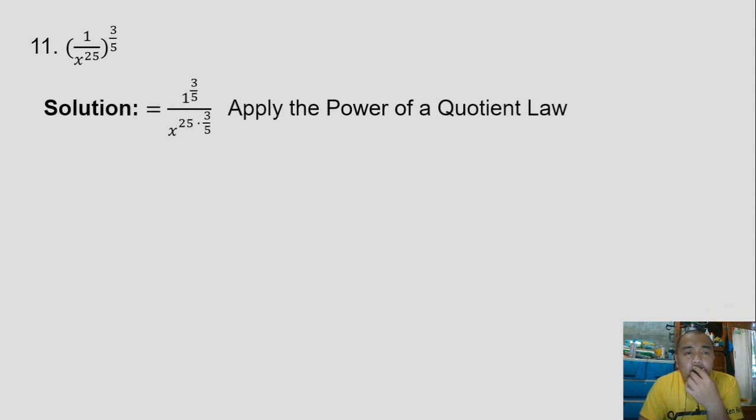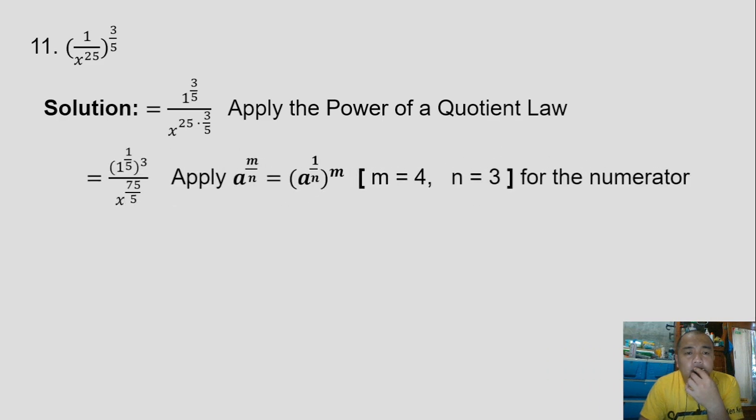Okay, let's proceed to number 11: 1 over x raised to 25, raised to 3 fifths. Okay, so by applying the power of the quotient law, 1 raised to 3 fifths all over x raised to 25 times 3 fifths. 1 raised to 3 fifths is still 1. And 25 times 3 fifths here is 15.